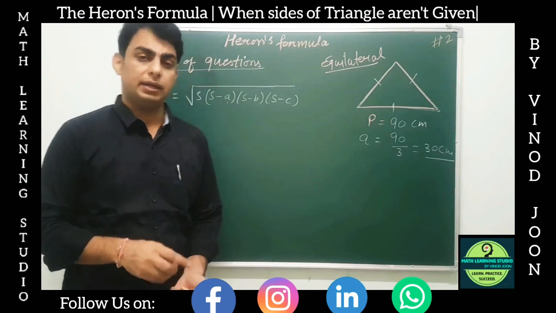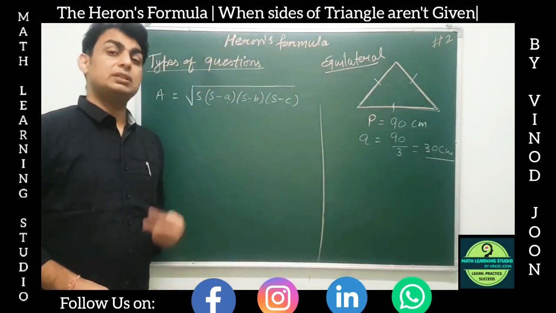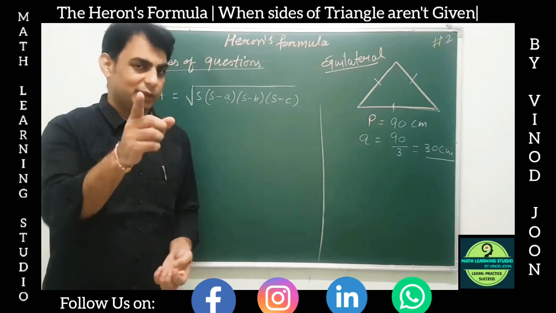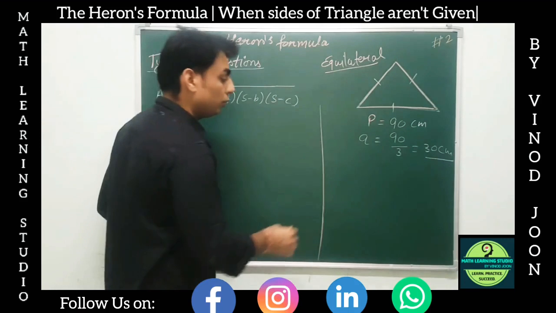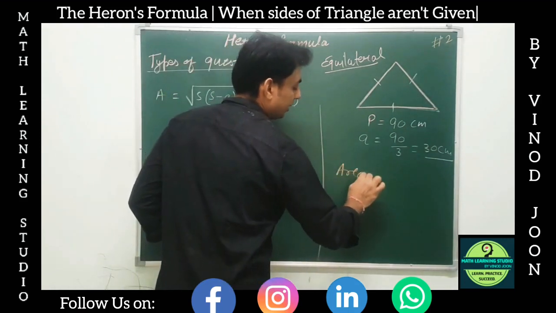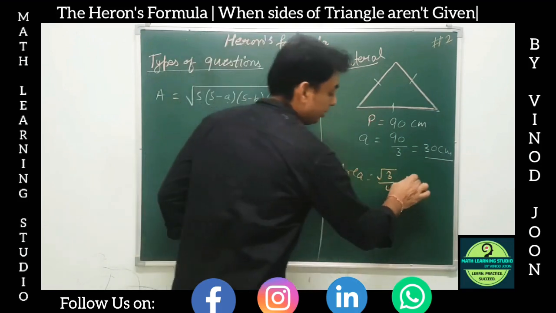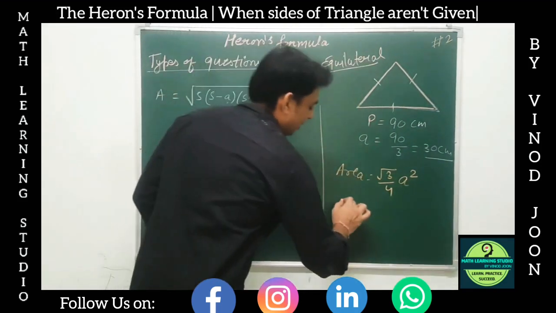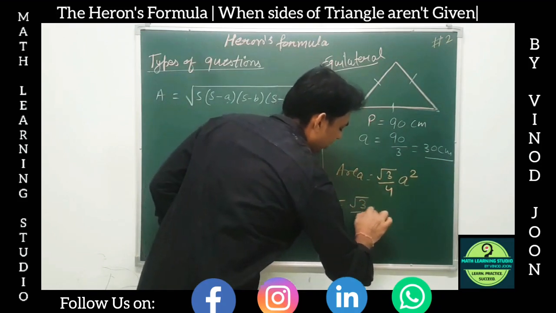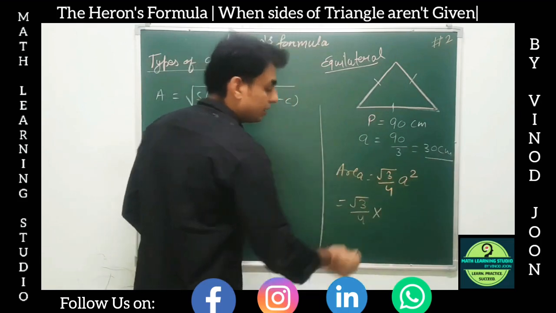Now we have to find the area. Now we can do this question from here onwards in two different ways. One, you know that there is a direct formula for finding the area of an equilateral triangle. So area can be equal to what? The formula is root 3 by 4 into a square, and a is the side. So it is root 3 divided by 4 into side squared. Side is 30. 30 ka square 900.